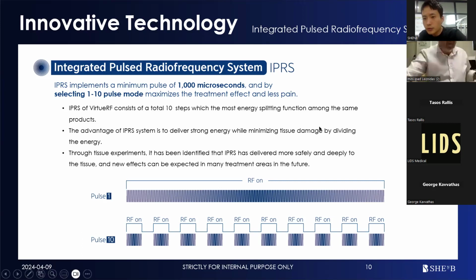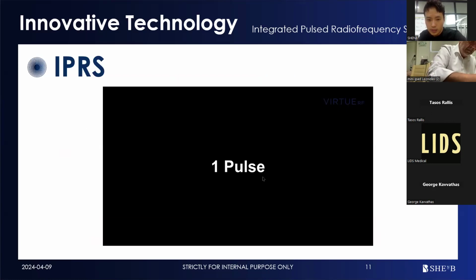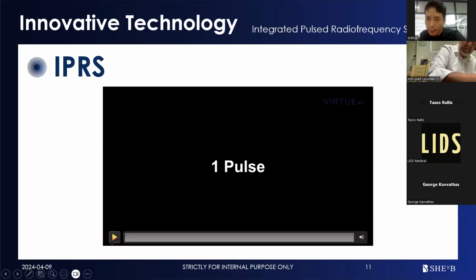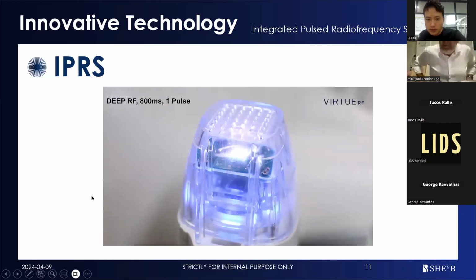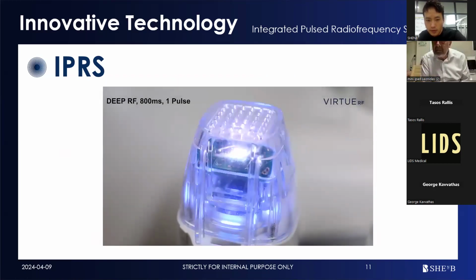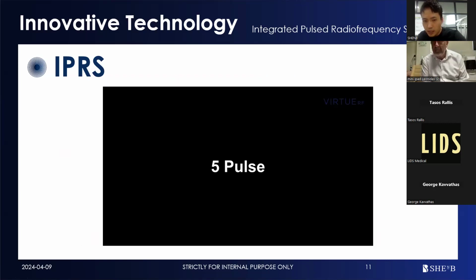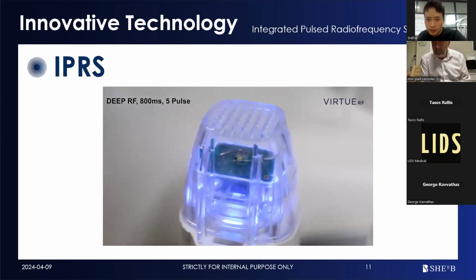So I'll give you the explanation about the advantage of this sub-pulse system. We understand that sub-pulse means that we can divide the continuous wave up to 10 separate times. So if we see this video, this is 1 continuous wave. When the LED is flashing, it means that the RF energy is coming out.